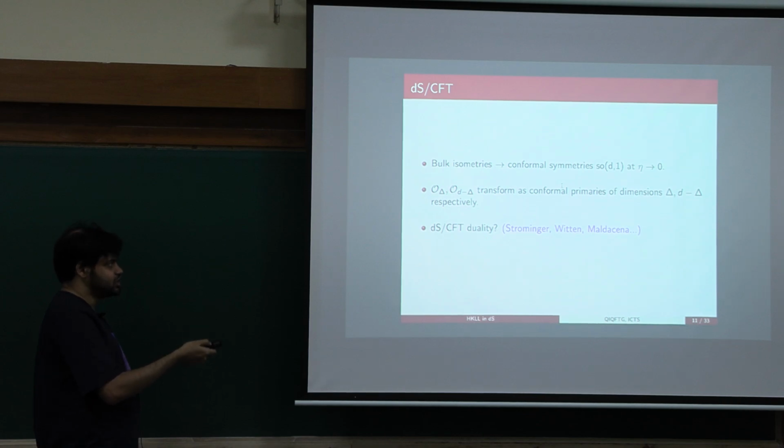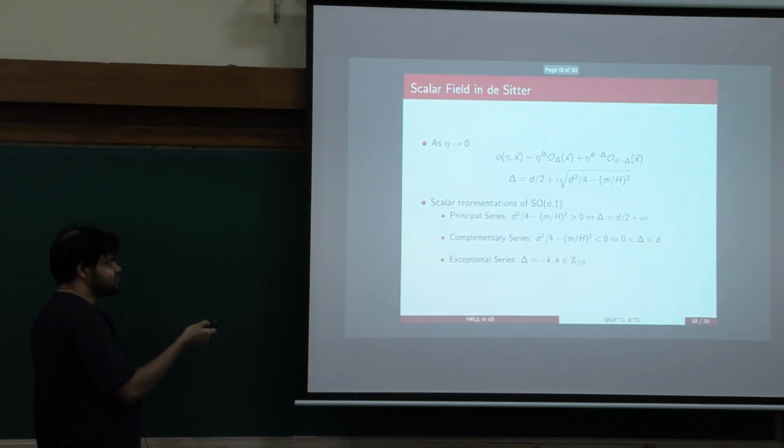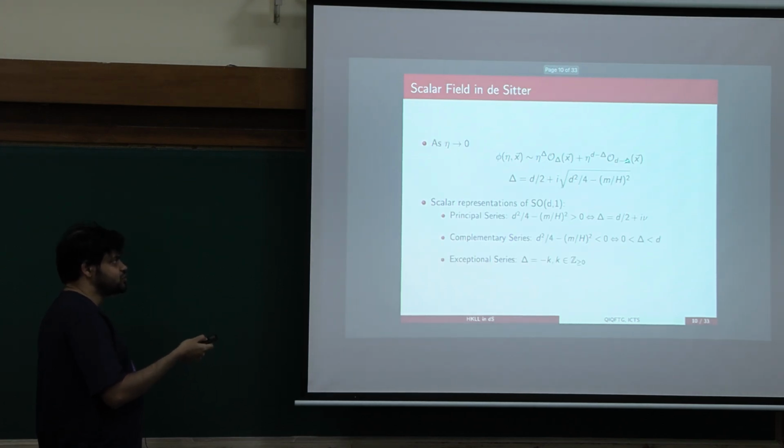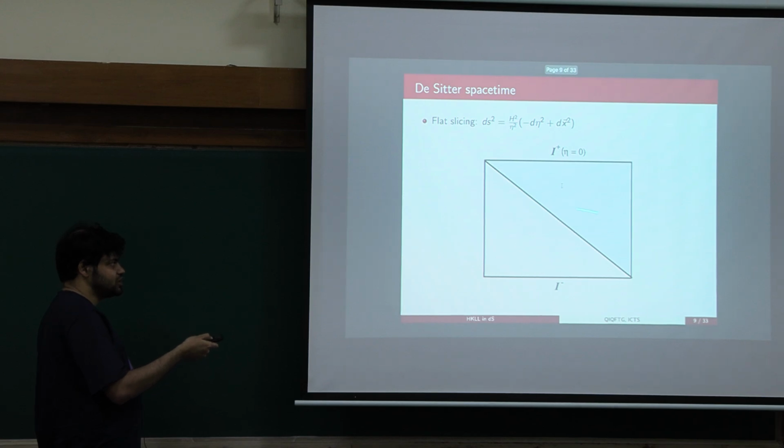And so people have conjectured for a long time that there may be some dS-CFT duality where the scalar field, for example, is dual to these 2 operators in the conformal field theory, and there's probably some duality between the bulk here and the boundary at the future boundary or past boundary.